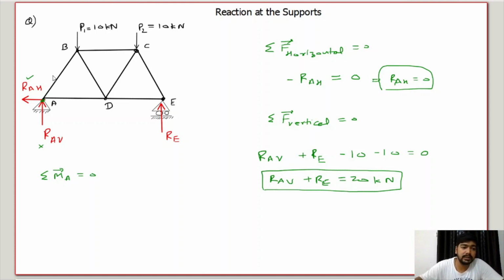Let's say all the lengths are equal, they are given L, each member has the equal length, okay. And we will consider this is the equilateral triangle, 60 degrees, because all sides are equal, okay.